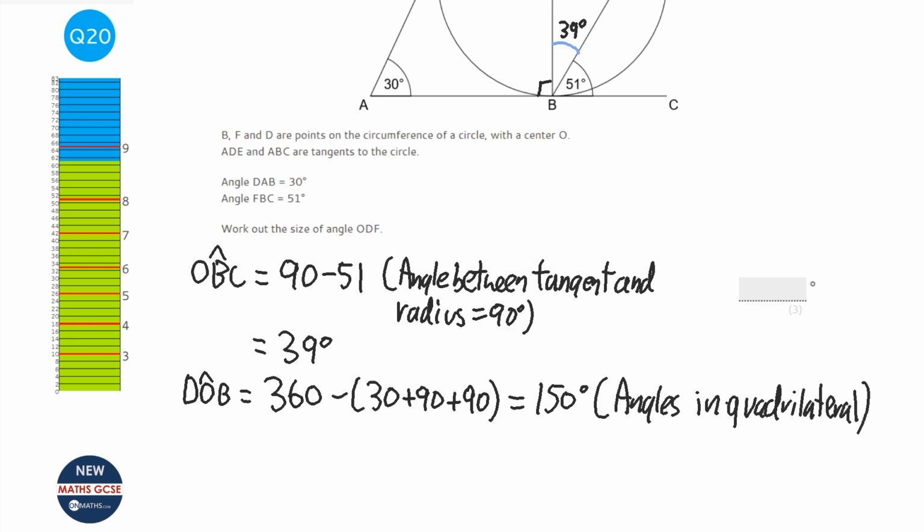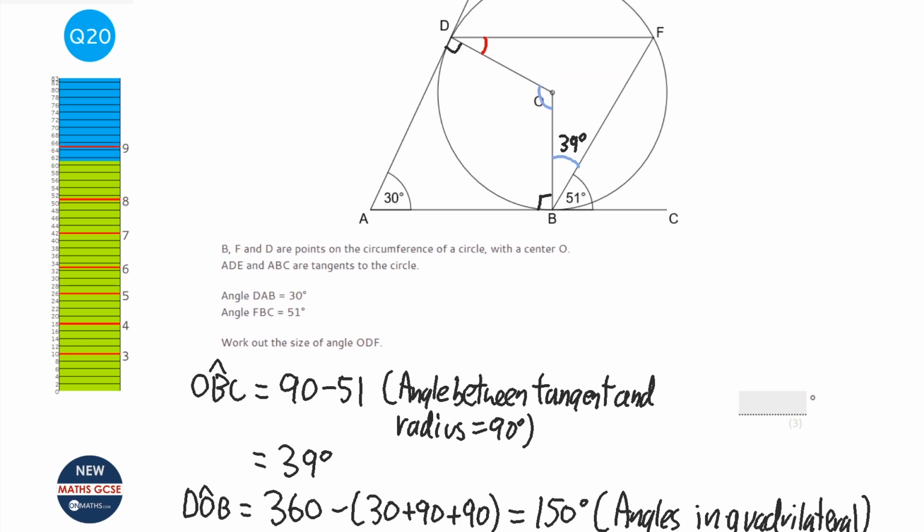And we should really say that the angles ABO and ADO are angles between a tangent and radius as well, but I'm not going to. We've already used that reason, and it's clear in our diagram that we've just repeated the same reason. Okay, so angle DOB we've got as 150. So let's mark that on our diagram. So we can work out this angle here.